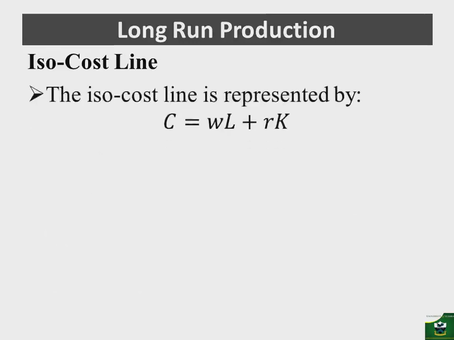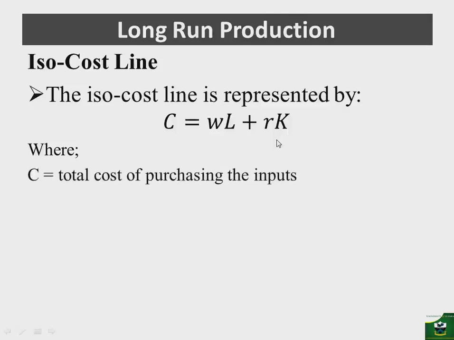As such, the ISO cost line is represented by the equation C = WL + RK, where C is the total cost of purchasing the inputs. W is the wage or the price of labor, how much you pay to get the labor.